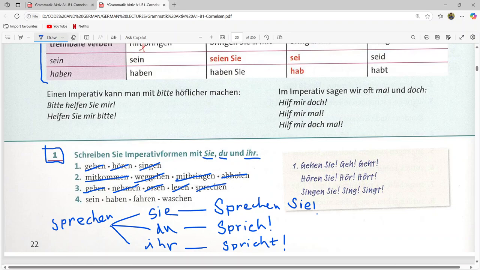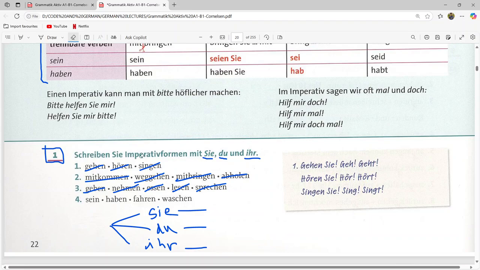Then comes the sein verb. Now the sein verb. Okay, so in the Sie form it is seien Sie, in the du form it is just sei.